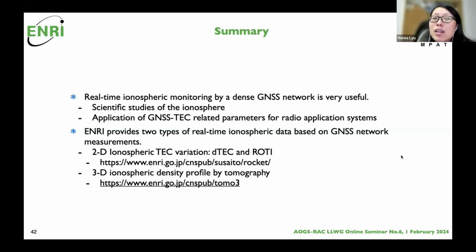I like this idea. Indeed, the ROTI map is 2D, right? We could not know the real height, the location where the irregularity occurs. And about the tomography, could you go back to the strategy?